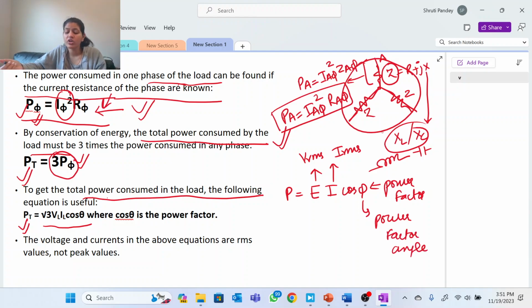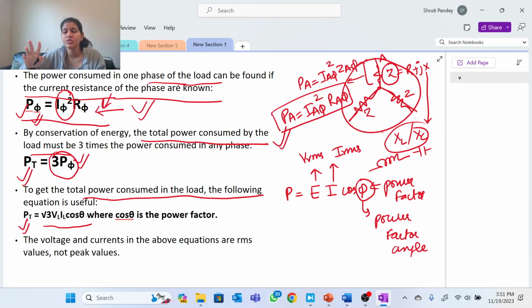Power factor angle. And what is power factor angle? The difference between, or the phase angle, this theta is the angle between current and the voltage. And what is the case when there is a phase difference, or this theta or this phi value exists? There are only two cases: either inductor is involved or capacitor is involved.